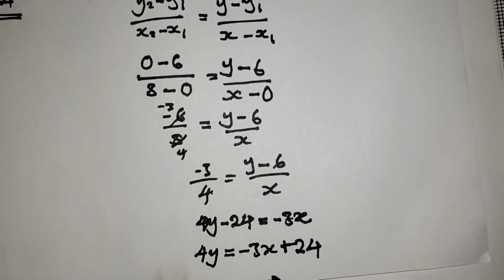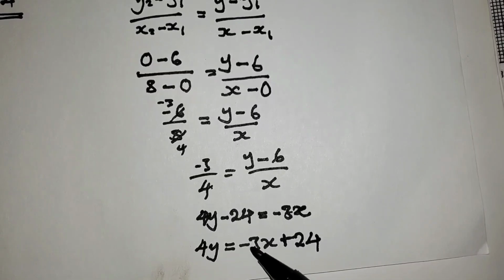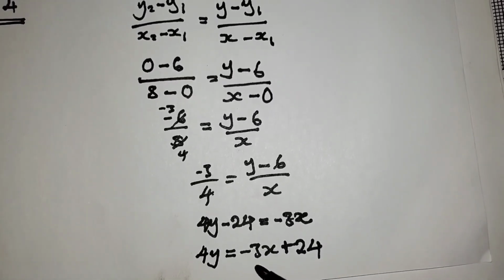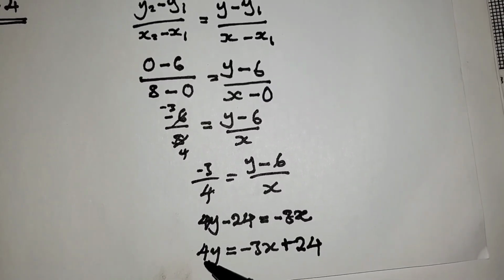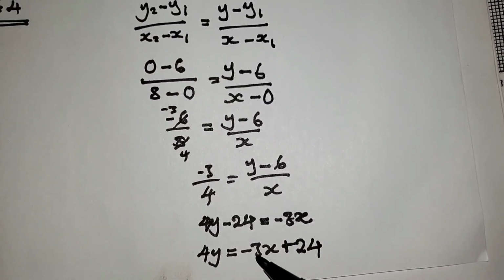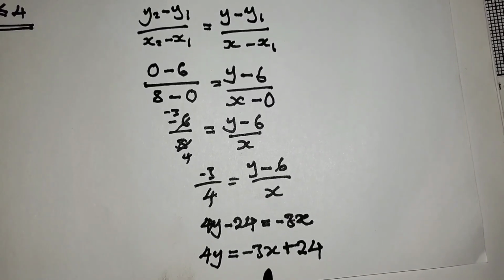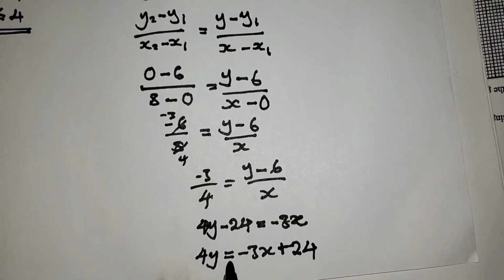Now, if you look at the coefficients here, you have 4, negative 3, and 24. 3 can't go into 4, and 4 can't go into 3. So we leave it the way it is, this one is reduced.